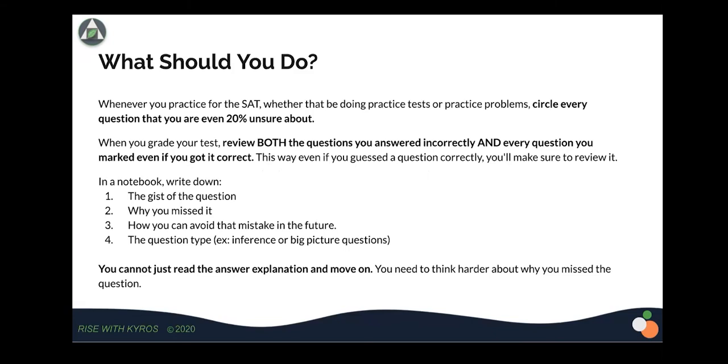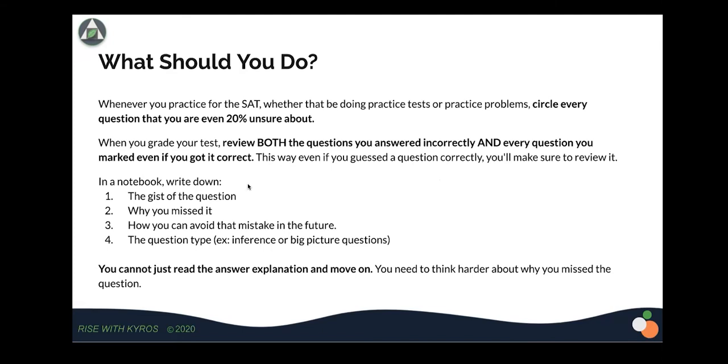I like marking any question that you're unsure about, even if you get it right when you check your answers, because you must be unsure about it for a reason, and you might choose the correct answer by accident. So it's important to review both the questions you answered incorrectly and every question you marked, even if you got it correct. That way, even if you guess on a question correctly, you can still review it.